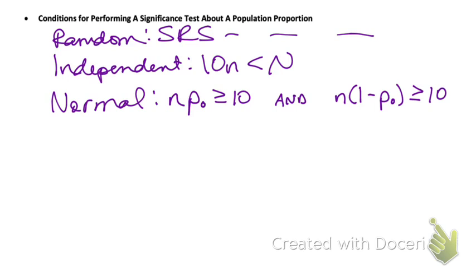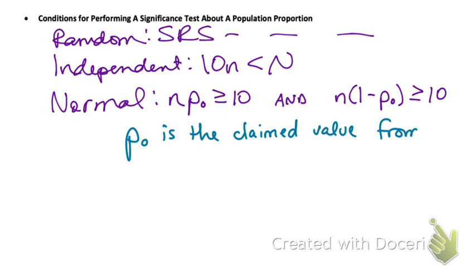Do you have any questions? What the heck is this p naught thing, right? P naught is the claimed value from the hypotheses. You know the null hypothesis that we talked about last week has this notation. It's a capital H and a little o in the subscript.